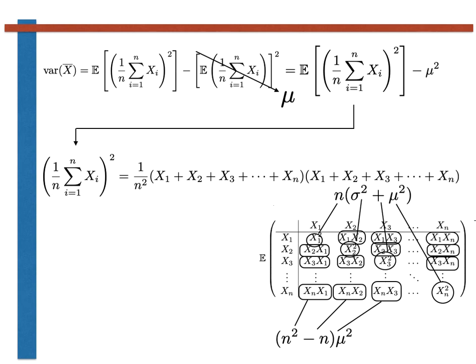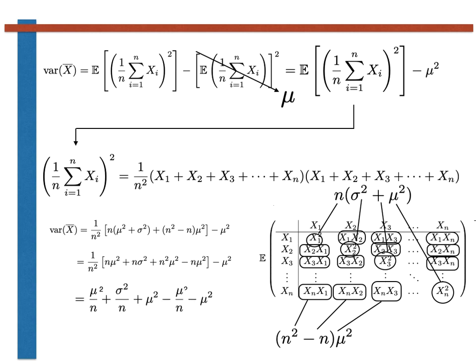We can insert everything we have learned into our expression for the variance as shown here. Multiplying out the brackets gives the following, and if we then multiply out all the terms in the brackets that remains by 1 over n squared, we get this.